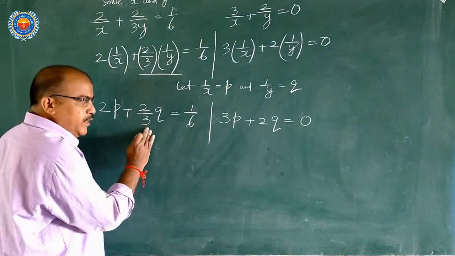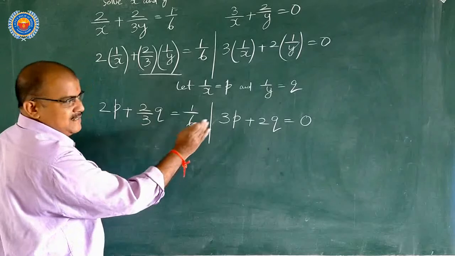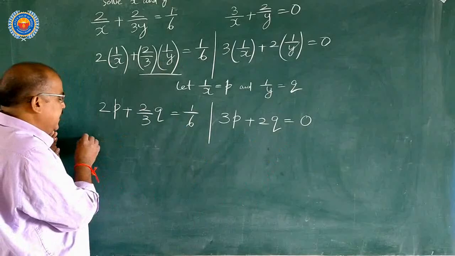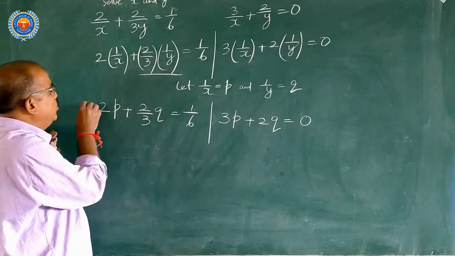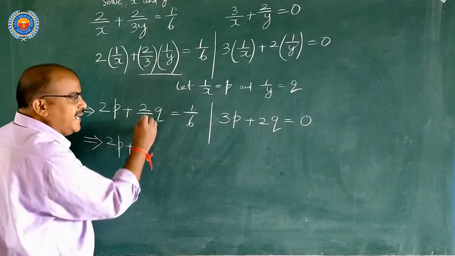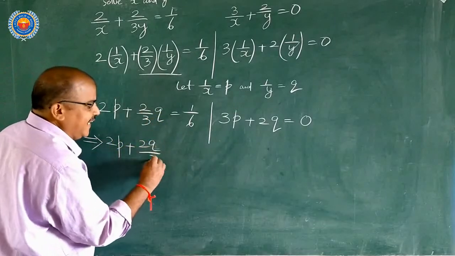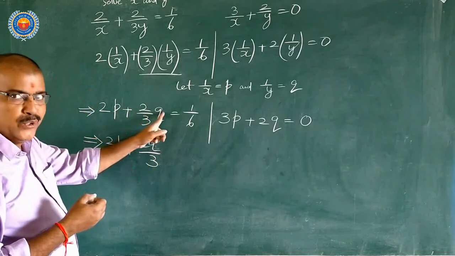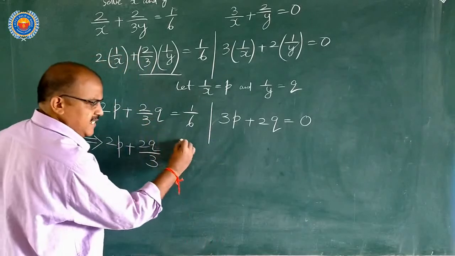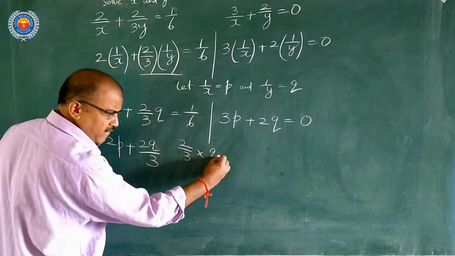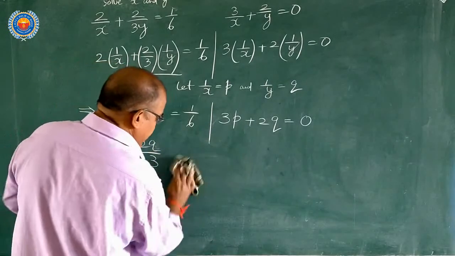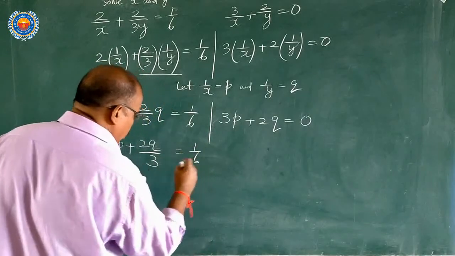2p plus 2 by 3 q is equal to 1 by 6. This equation is somewhat complicated, so I am changing it into another form. This is nothing but 2p plus 2q by 3, like normal fraction multiplication: 2 by 3 into q by 1 is 2q by 3, is equal to 1 by 6.